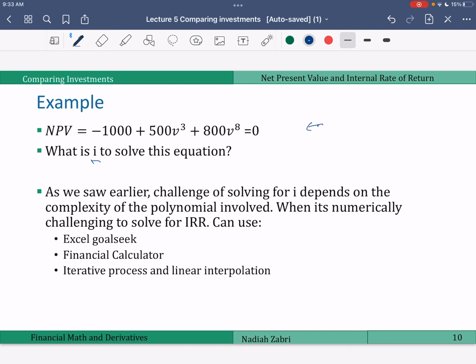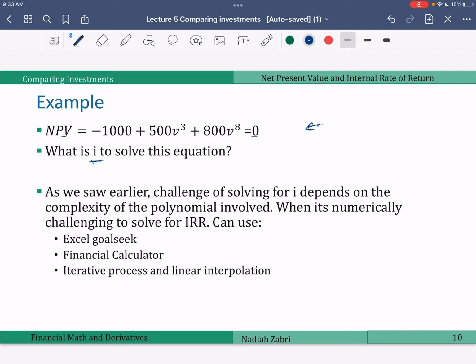So this is the equation of value. So net present value is equal to 0, right? So what is the i? Solve for the i to solve this equation. So if you see here, it's quite hard to use numerical method to solve for this.